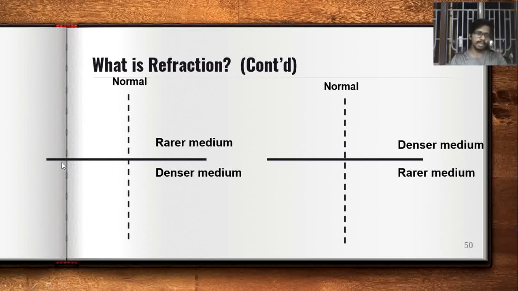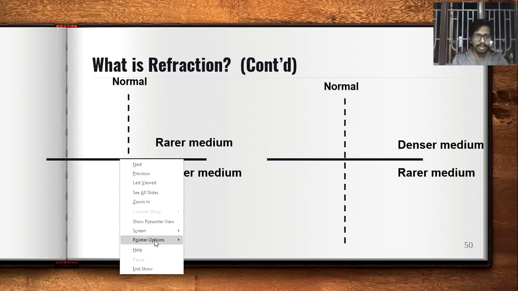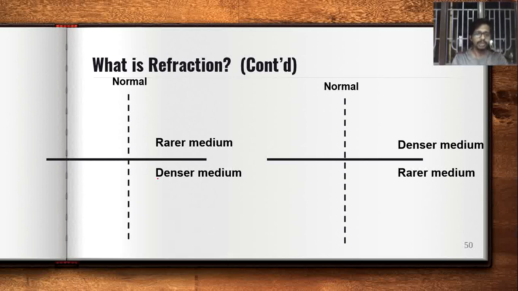There is a line where the light will strike, that is the barrier between the denser medium and the rarer medium, the meeting line of the two media. At that point there will be a normal. Normal means the angle here is 90 degrees, right? Let me draw the plane now. So here the angle is 90 degrees.